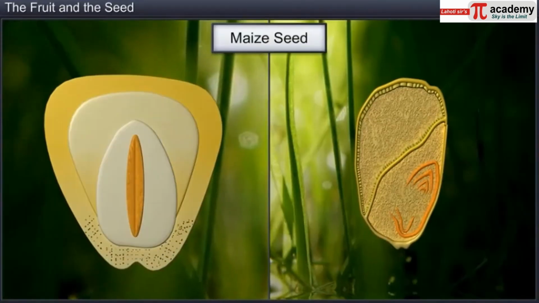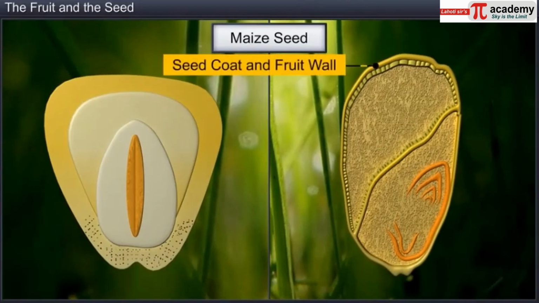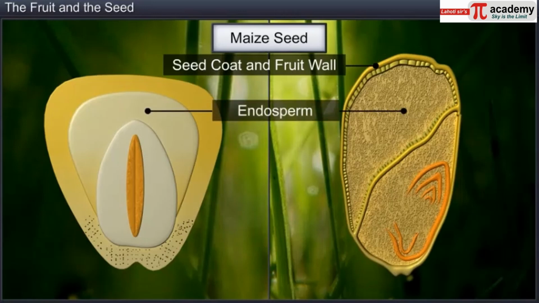For example, the maize seed has a membranous seed coat that is usually fused with the fruit wall. Moreover, like dicotyledonous seeds, monocotyledonous seeds can be endospermic as in maize or non-endospermic as in Cymodocea.